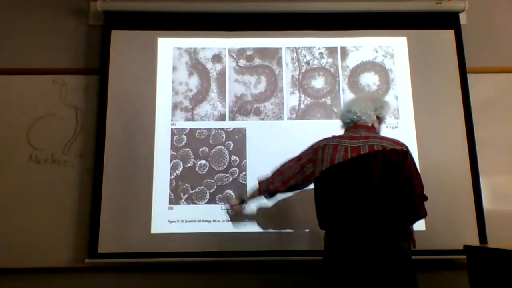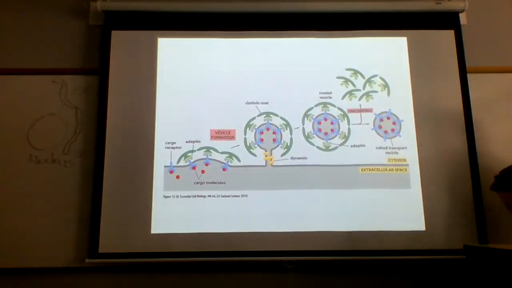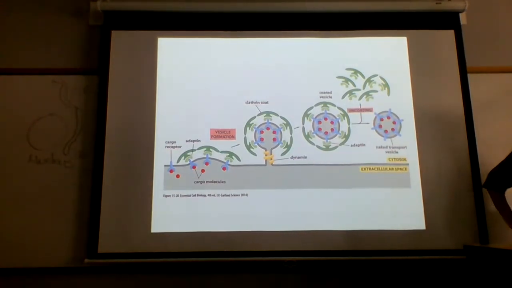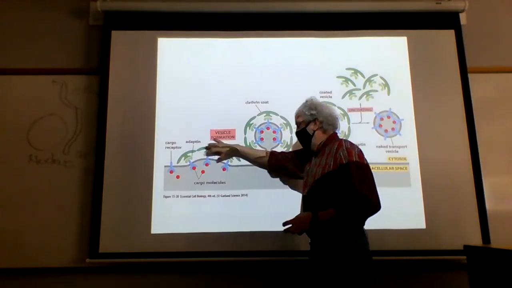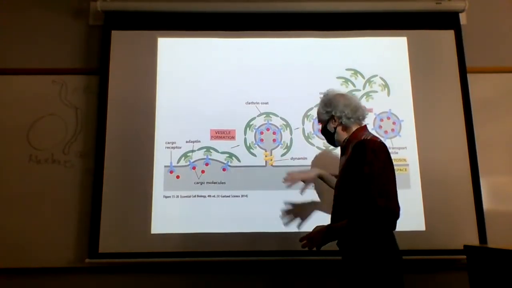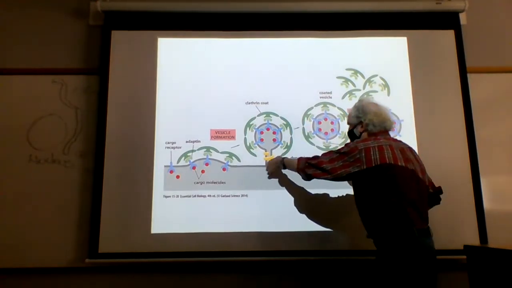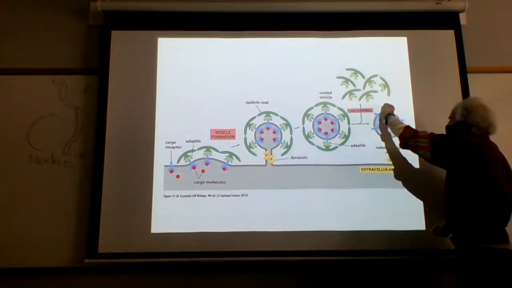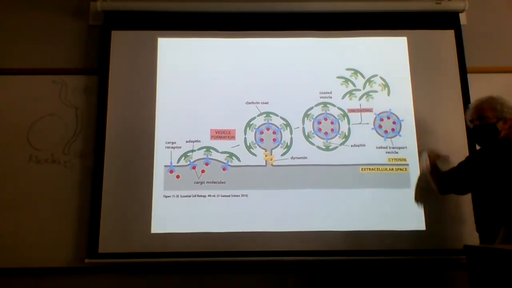So there's our little Chex cereal blob, and this is clathrin forming. So you have the extracellular space. Clathrin forms up around this patch of the membrane, begins to autocatalytically pull itself in, pinches the membrane off, and then it can be uncoated, and then you've got a naked transport vesicle that can go on and do things.